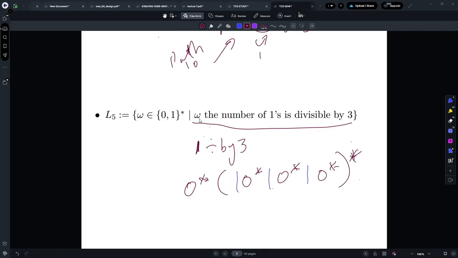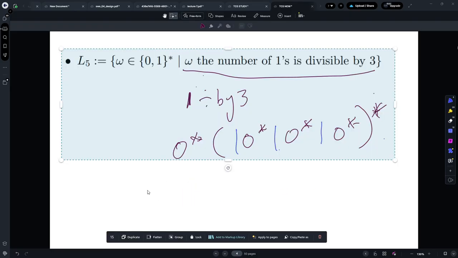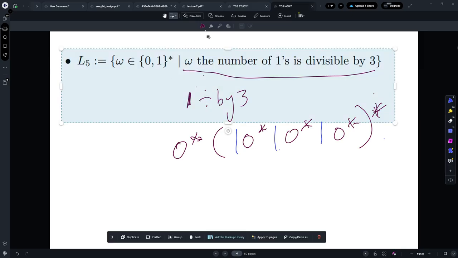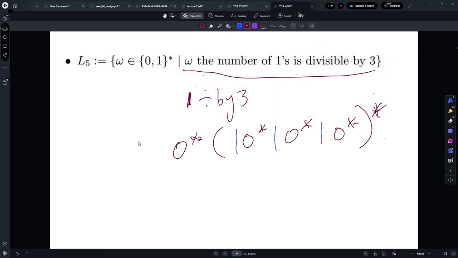Now considering this question, the number of ones in the word is divisible by 3, meaning that we do not care about the count of zeros. There can be as many, but the number of ones is, of course, not necessarily consecutive.